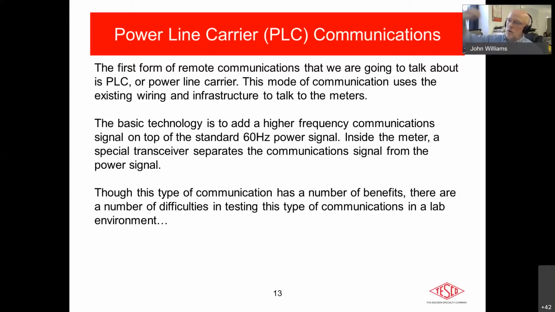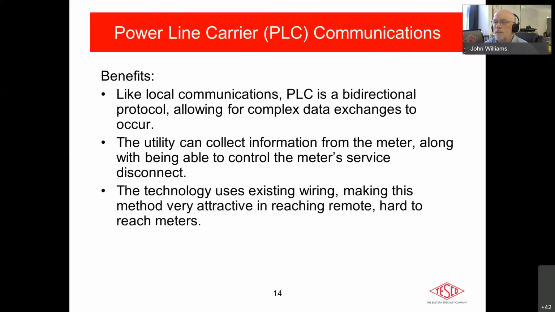Or even, we've seen meters with dual communication protocols built into them, where they might have a PLC card in there and a radio. Depending on where the meter is put, you could use one or both of those communication pathways to get to that meter.